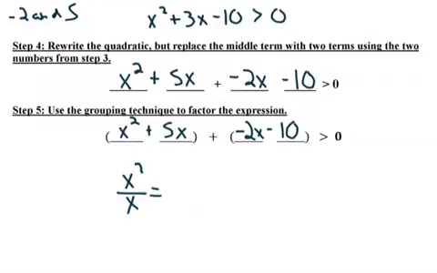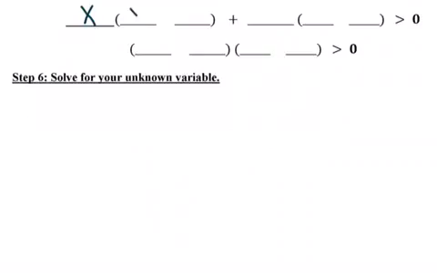That's the same as saying x to the 2 minus 1, which is equal to x to the 1. So my first term in parentheses is going to be an x, and then I do the same thing for the second term. So what do you think? What's going to be my second term inside these parentheses?